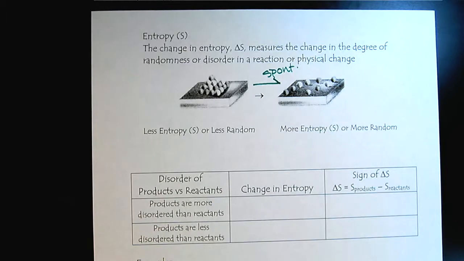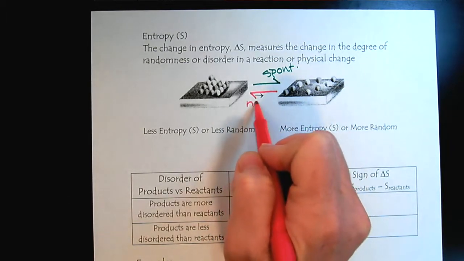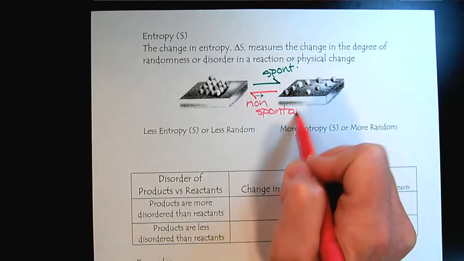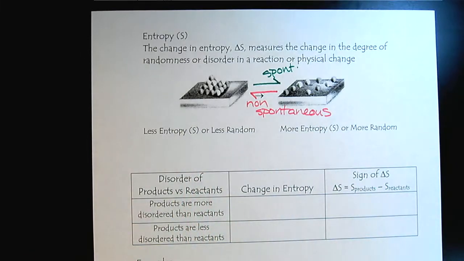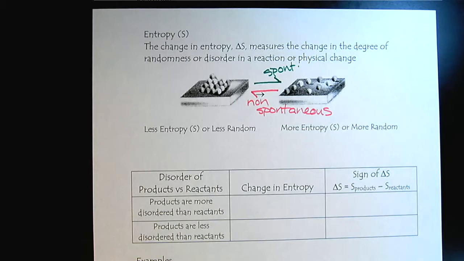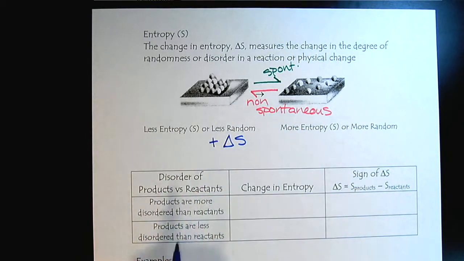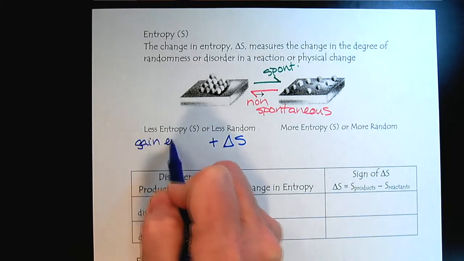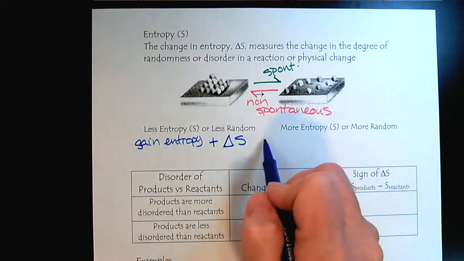How do we get them into that pyramid? We are going to have to put energy in. That's definitely non-spontaneous. So this leads to a convention that is the opposite of enthalpy. When we gain entropy, if we gain disorder, if we gain entropy, that is spontaneous.